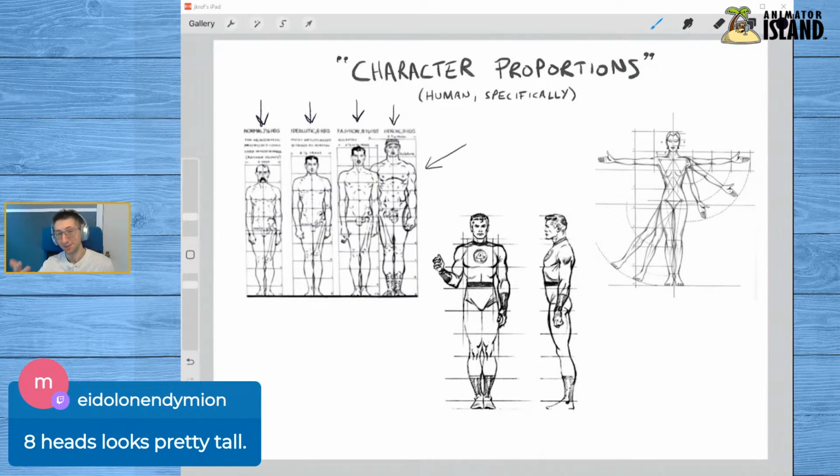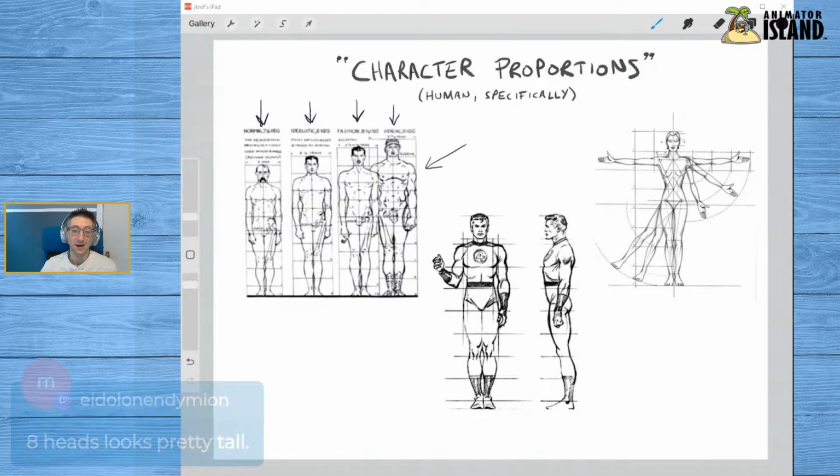But here's an interesting bit of trivia. I am a bit of a freak. So my head, if you'll note, is actually very small. And my arms and my legs are ridiculously lanky. And I have a very slender build, which we'll get into in a minute. But just for kicks, I went and took a photo of myself and measured my heads tall height.